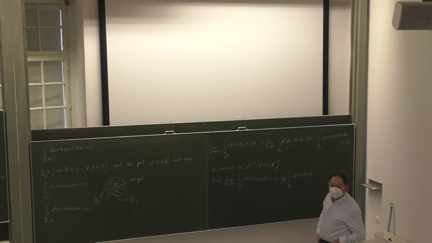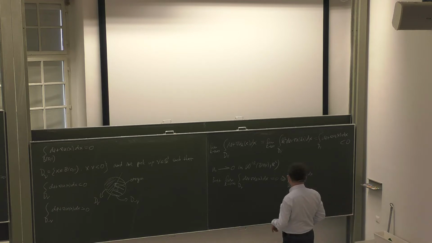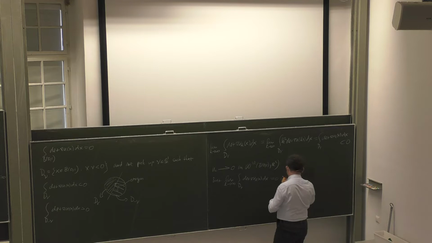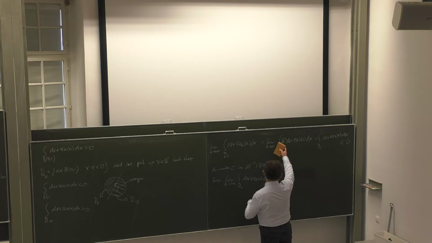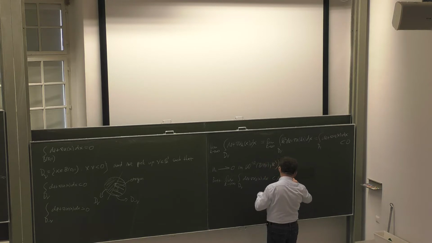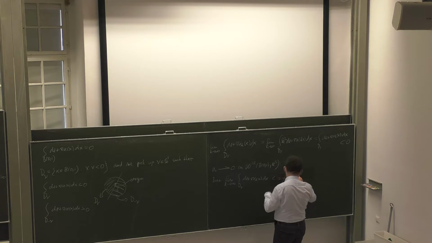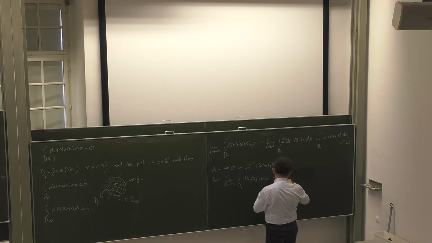So that's the problem. I'm sorry, this should be 0. I made a mistake here. This is now smaller than 0 by our construction, and this is smaller than 0, but this is the determinant of the limit. This is smaller than 0, but we expect to have 0.